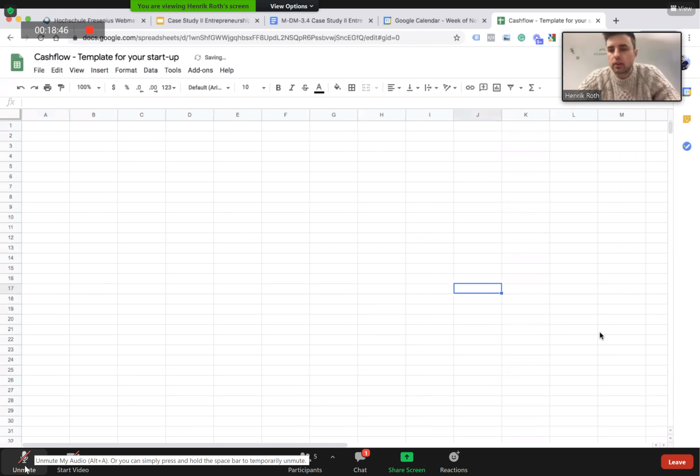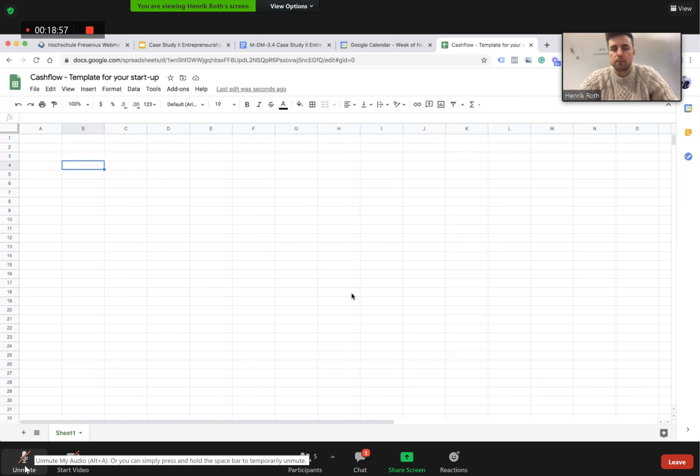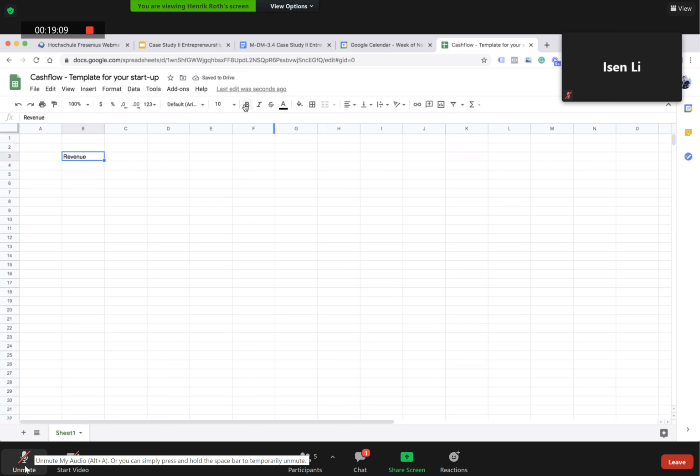What do you think is the most important part for a cash flow table? Okay, so let's start. Ethan, do you have some comment? No, just keep going.